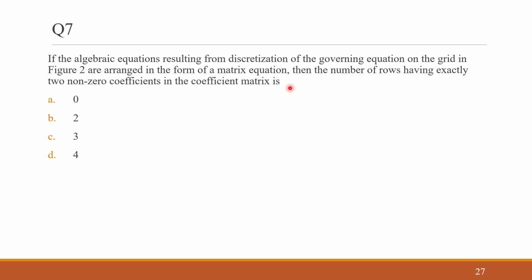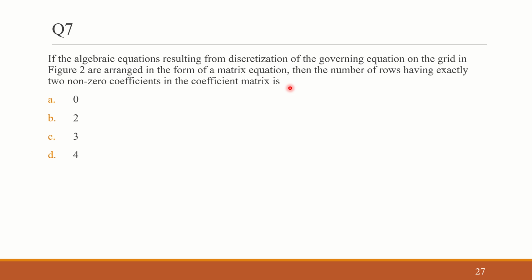Imagine if the center cell, which is surrounded by all, has 5 non-zero coefficients, which cell will have 2 non-zero coefficients? You got my point? It is the cell that has more boundaries. That cell should have boundaries in both directions. In that case, we will have 2 non-zero coefficients in the coefficient matrix.